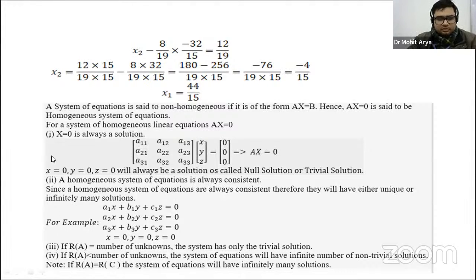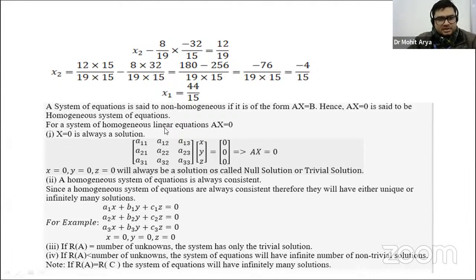Now we will talk about the system of non-homogeneous equations. A system of equations is said to be non-homogeneous if it is of the form Ax equal to B. In previous slides we discussed the system of non-homogeneous equations. Now in this scenario we will talk about the system of homogeneous equations.